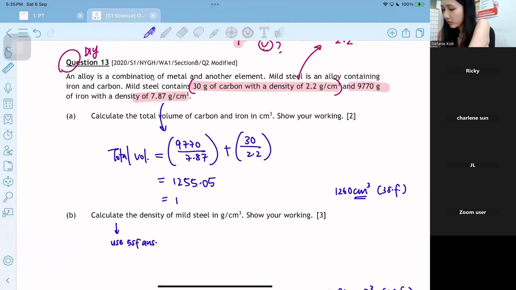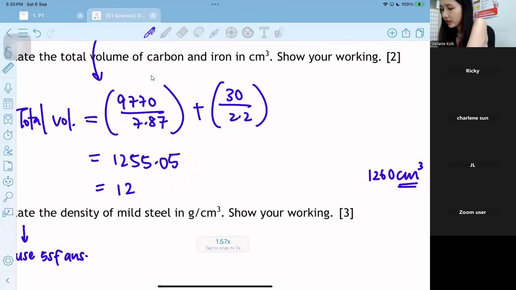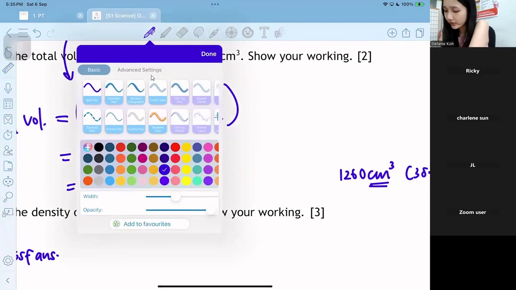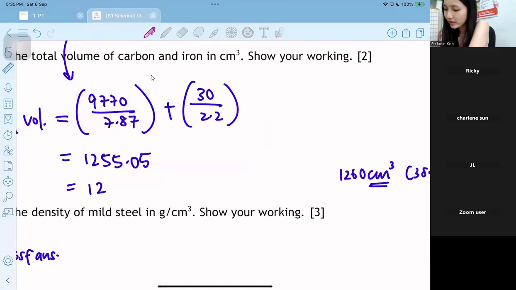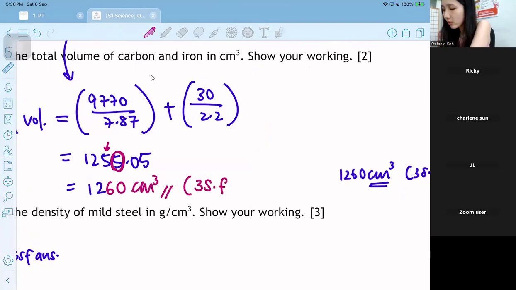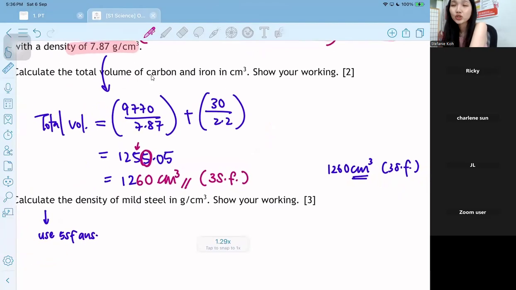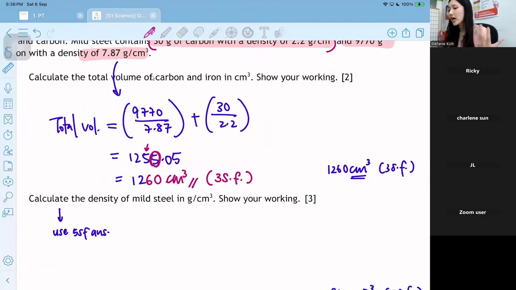Then you will round to 3SF. If you don't know what is 3SF, you look at the third significant figure. Then you look at the one next to it. 5 and above, you round up. The moment you round it, you always have to show, is it 3SF? If the question asks for 2SF, then you round to 2SF.